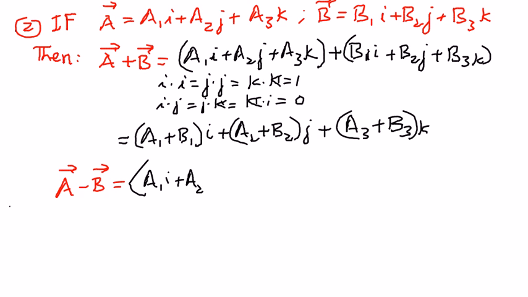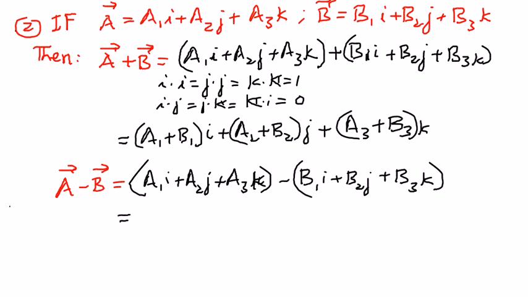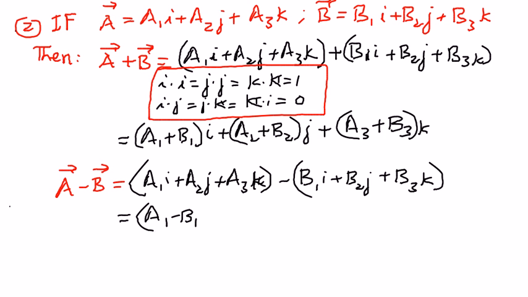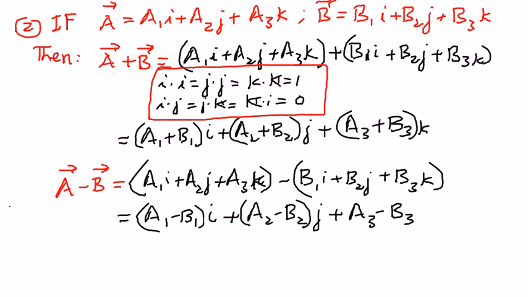Vector A minus vector B is going to be equal to a1i plus a2j plus a3k minus b1i plus b2j plus b3k, and since we've already seen these properties hold good here as well, we can write this as (a1 minus b1)i plus (a2 minus b2)j plus (a3 minus b3)k.